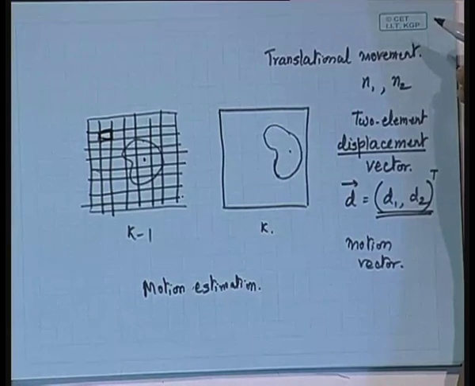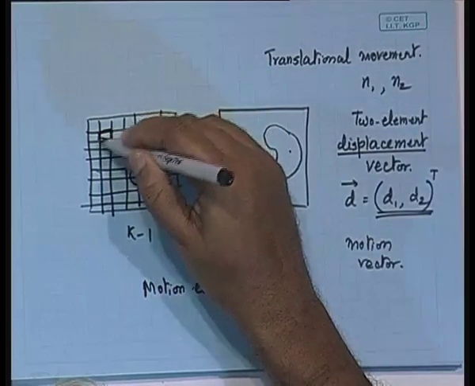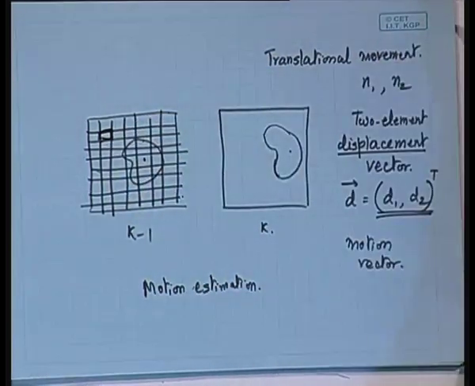To find out the motion vector, we have to do a matching, and we do not know a priori whether this particular block of pixels has moved to the left or to the right or to the top or to the bottom. It can move in any of these directions.